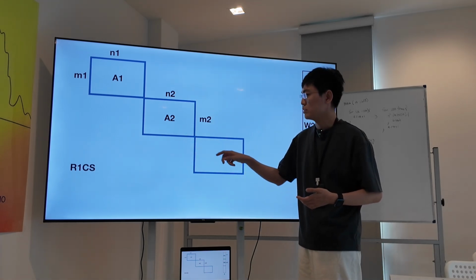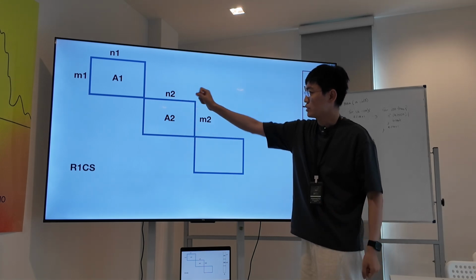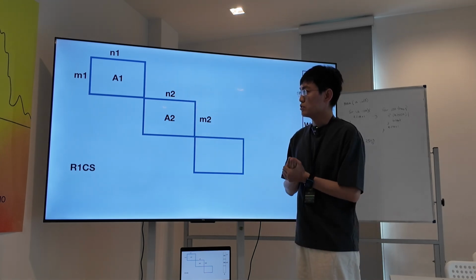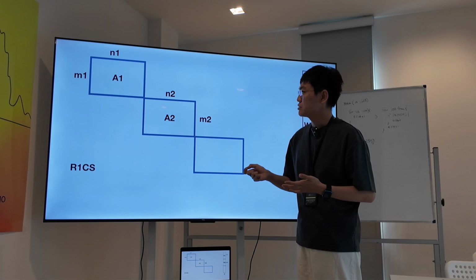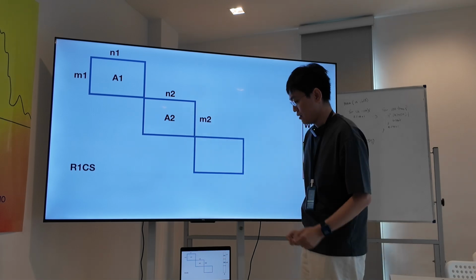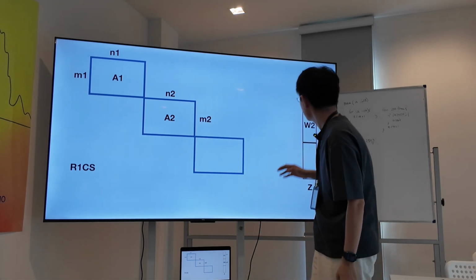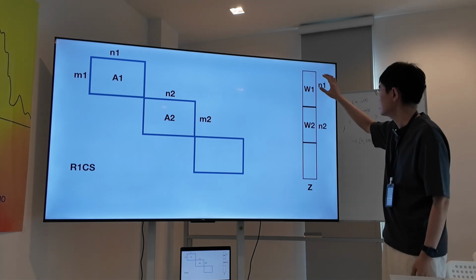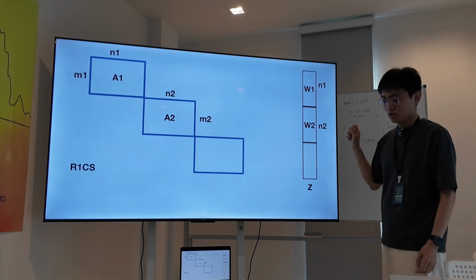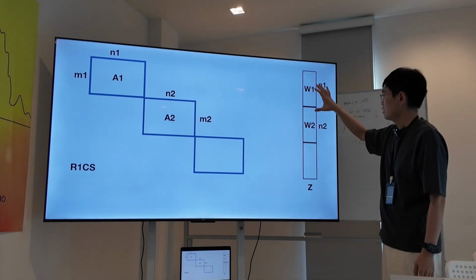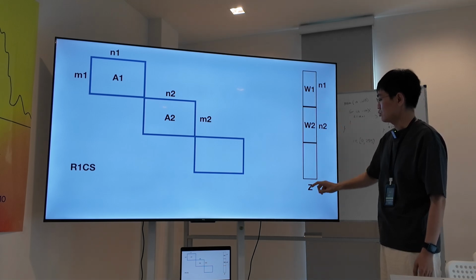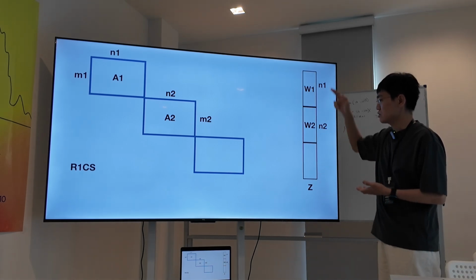So that will be the universal switchboard circuit. The universal circuit is a matrix, but also the witness of each opcode is connected together into one large vector.